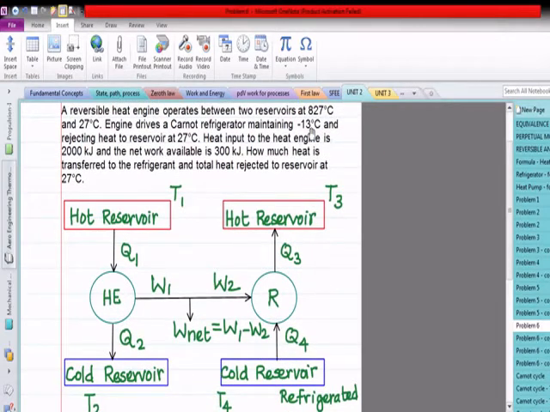And it is rejecting heat to a reservoir at 27 degrees Celsius. The refrigerator absorbs some amount of heat from cold reservoir and rejects it to the hot reservoir. So here two temperatures are given. We have seen minus 13 is the temperature of cold reservoir. Therefore, 27 degrees should be the temperature of hot reservoir.